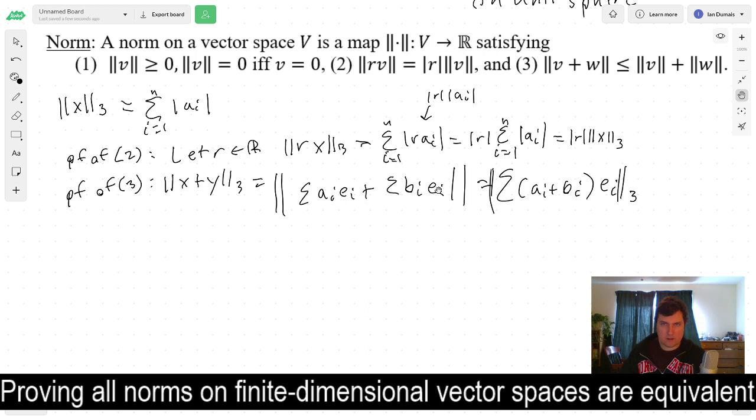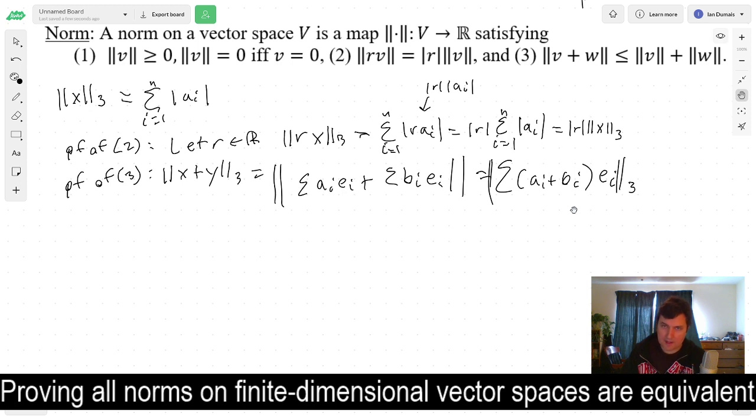So we've done that. And now let's apply our definition of a norm. This is just new coefficients on EI. This is like x plus y, we could consider z. We could call x plus y z. AI plus BI are the coordinates for each I. So we just apply the norm.